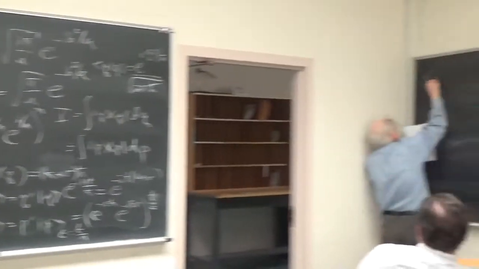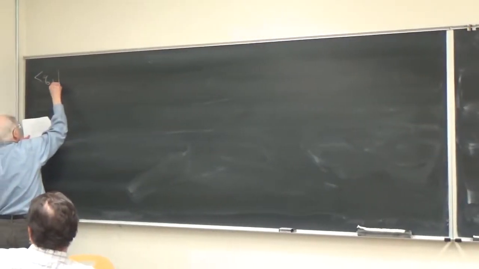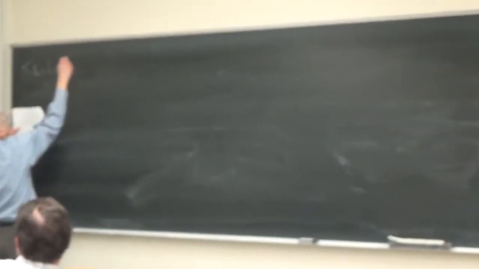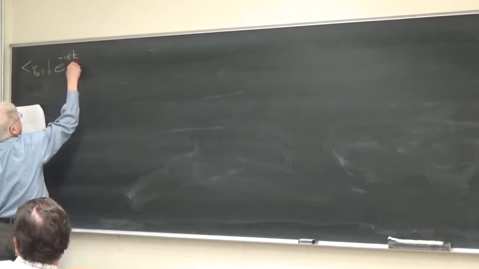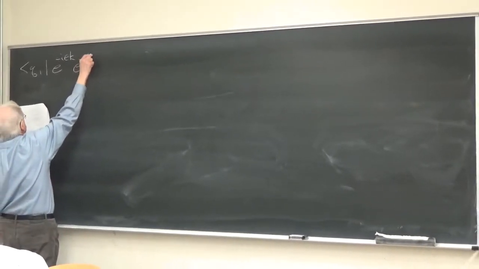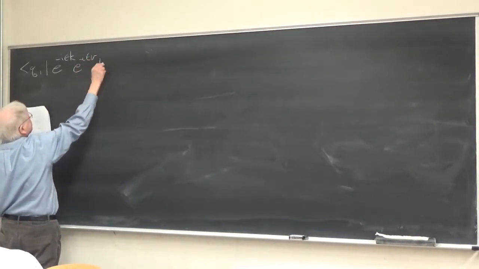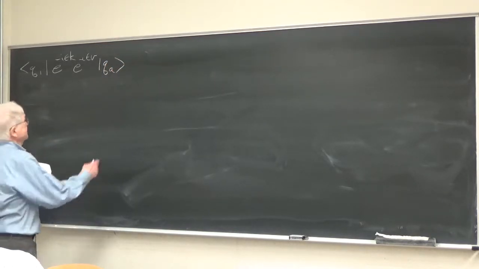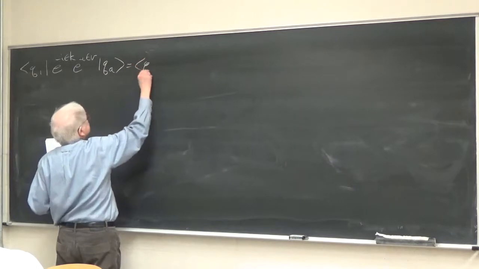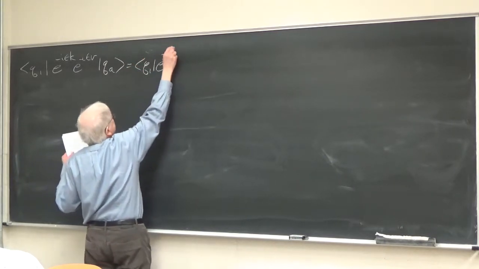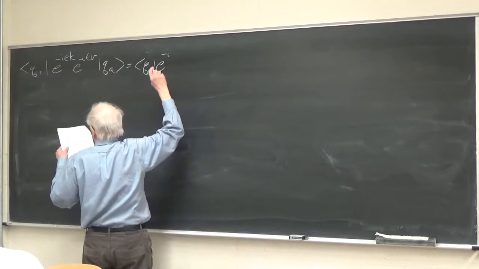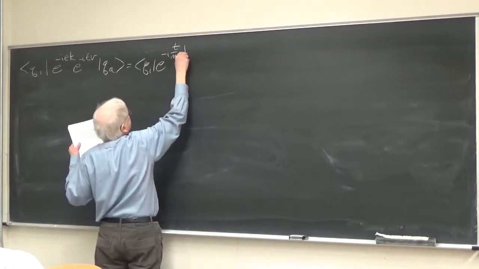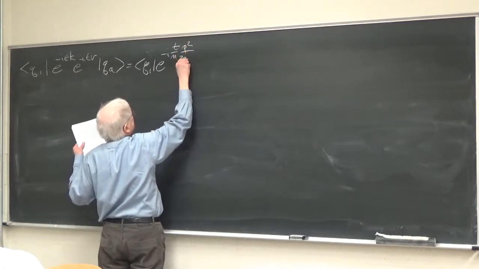So now I'm going to take a matrix element, q1, e to the minus i epsilon k, e to the minus i epsilon v, qa. But this is the same thing as q1, e to the minus i t over n, p squared over 2m h bar.